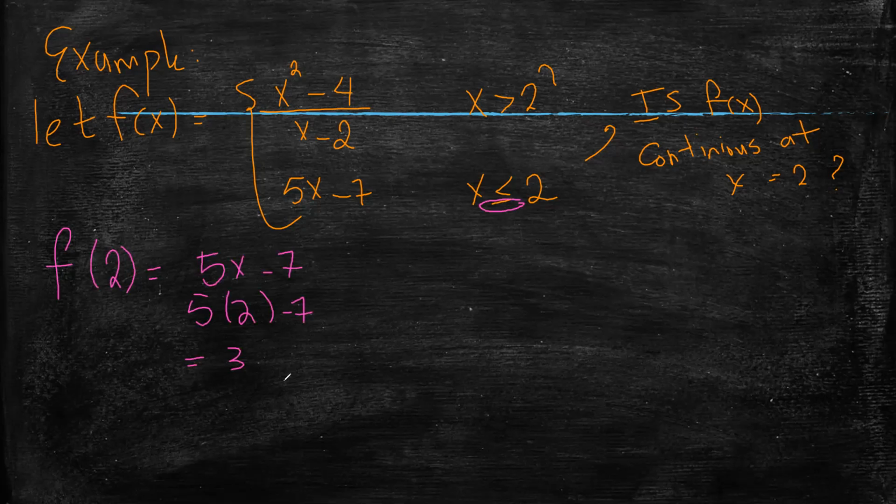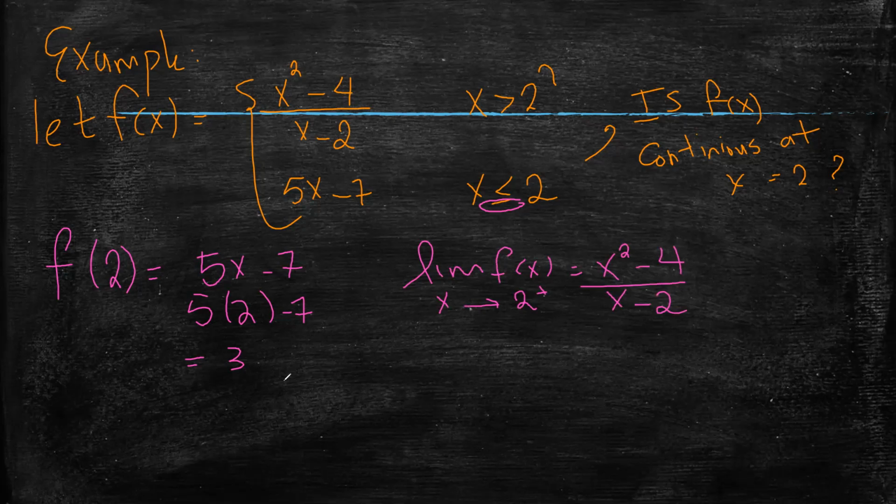Now, look at limit f of x when x approaches 2 from the right. Now, where is 2 from the right? That means x greater than 2. Which function do I have to use? The first one. So it is x squared minus 4 over x minus 2. 2 squared is 4, minus 4 is 0, and 0 over 0, I have to take action.